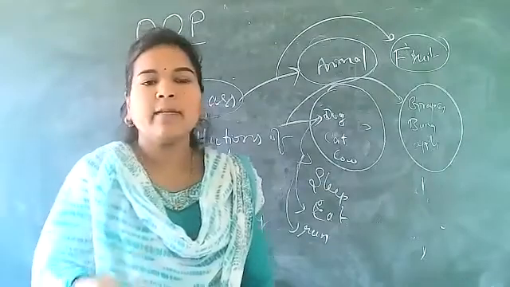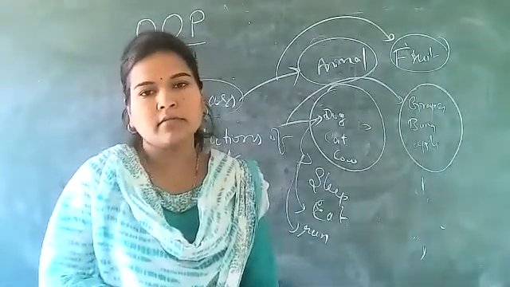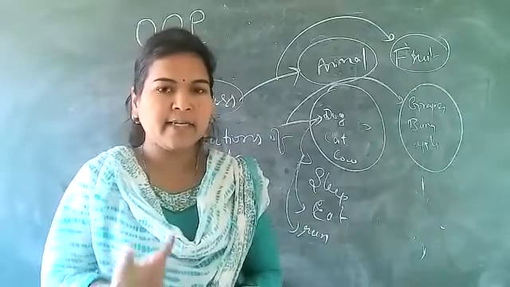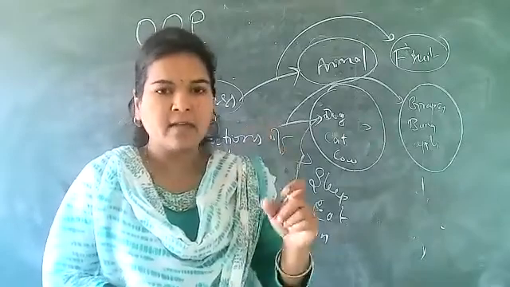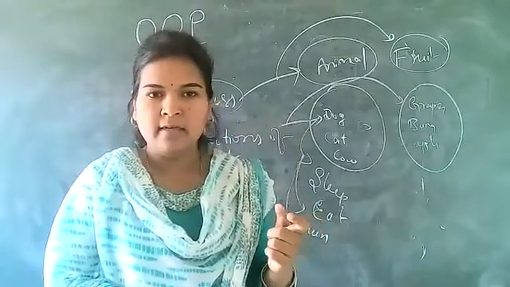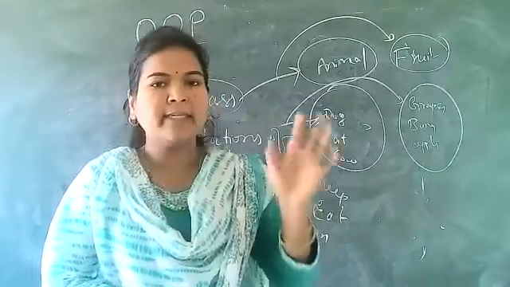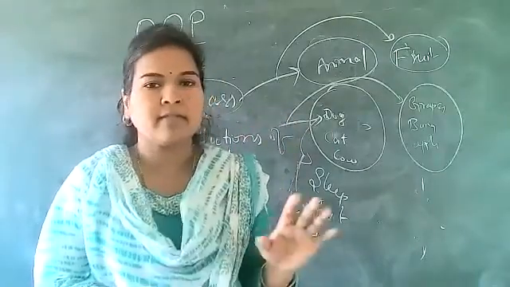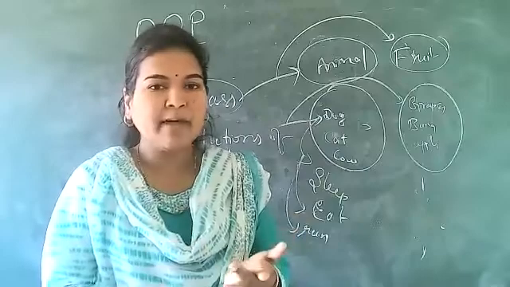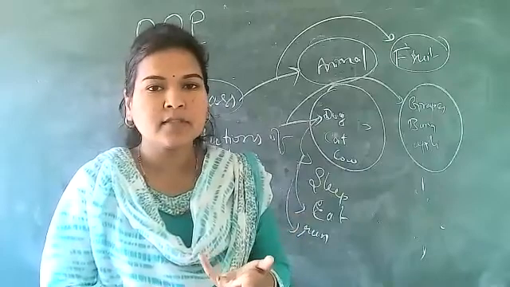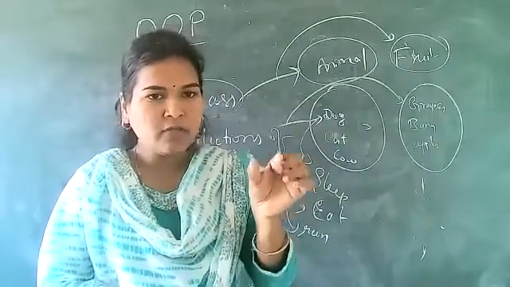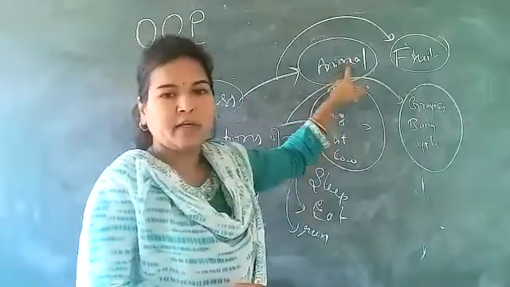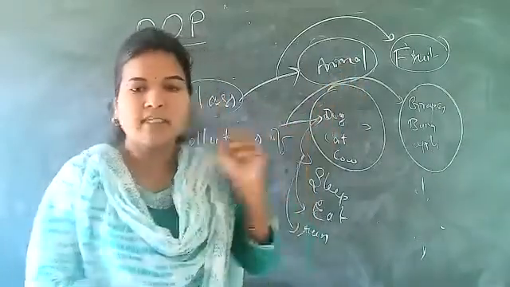Physically, if you want to go and ask me to give you one animal, is that really possible? Is an animal there, is a fruit there? No, no. Practically, you don't have an animal, you don't have fruits. Okay, the collection of these things is animal, so it is not a real world entity.